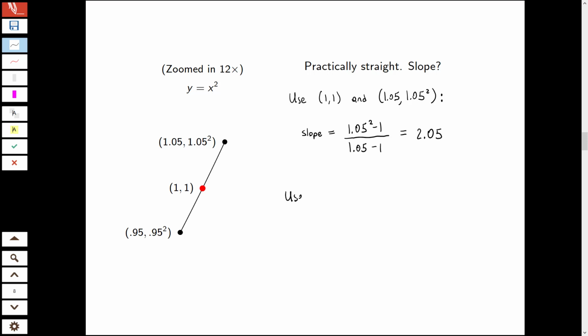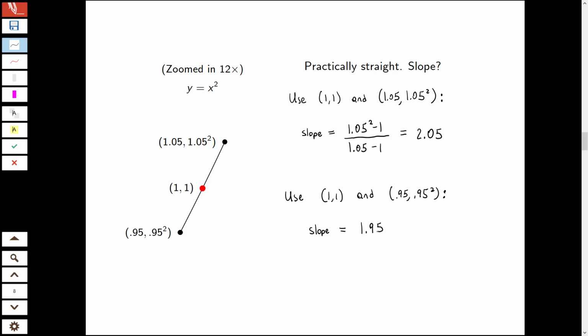And if instead I use the points 1, 1 and 0.95, 0.95 squared, if you go through all the calculations, you're going to find the slope to be 1.95.